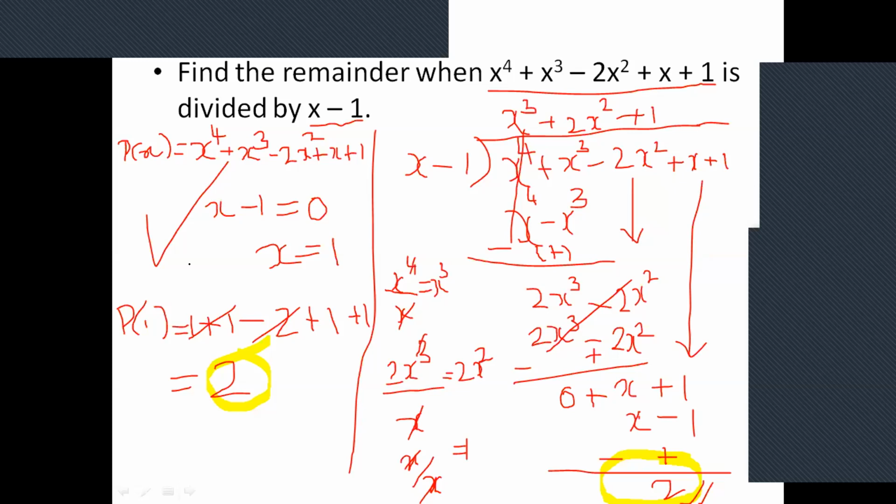I have taken these additional topics because without teaching all this I can't proceed further. Your PDF material doesn't have the remainder theorem, factor theorem and all that.